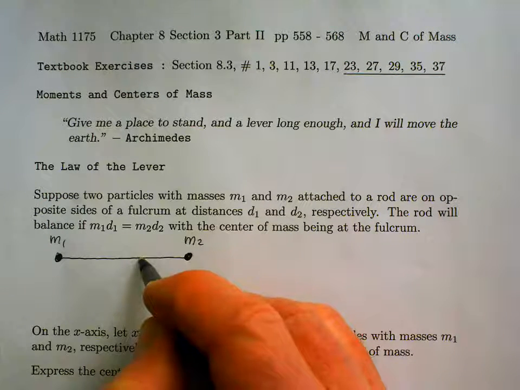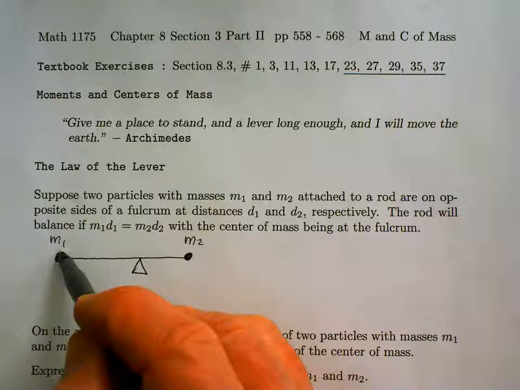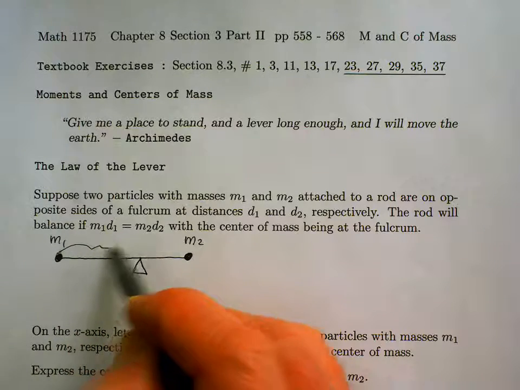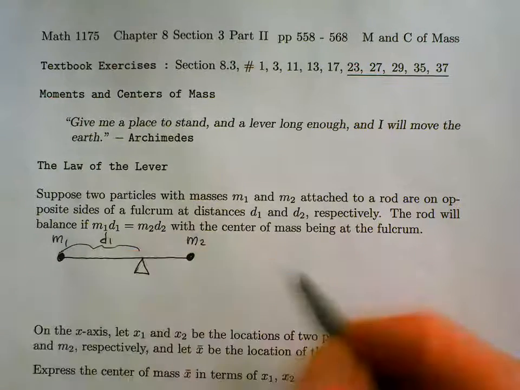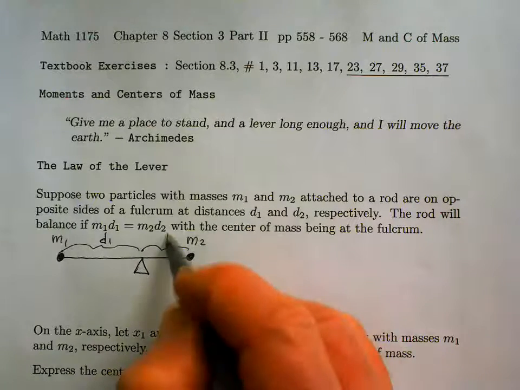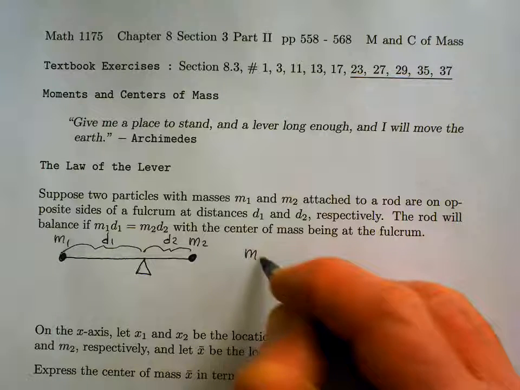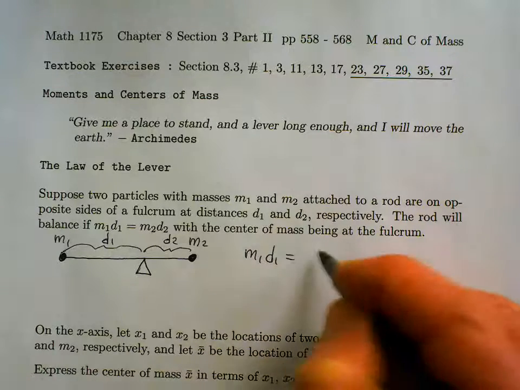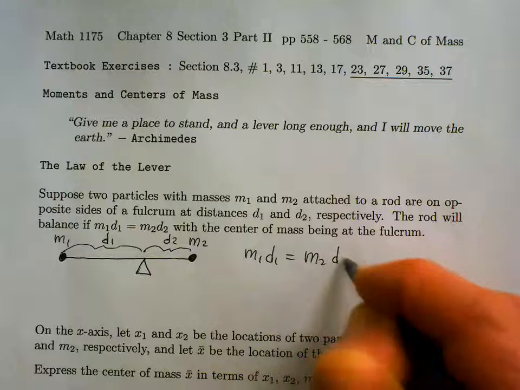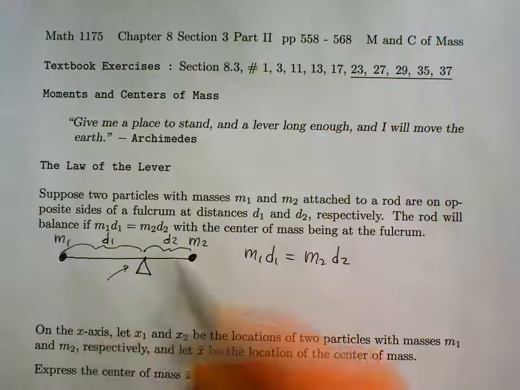Suppose the balancing point, or the fulcrum, is right here, and the distance from particle m1 to the fulcrum is d1, and the distance from the fulcrum to the other mass m2 is d2. And if it's balancing, then the product m1 times d1 is equal to the product m2 times d2. And at the fulcrum is the center of mass.